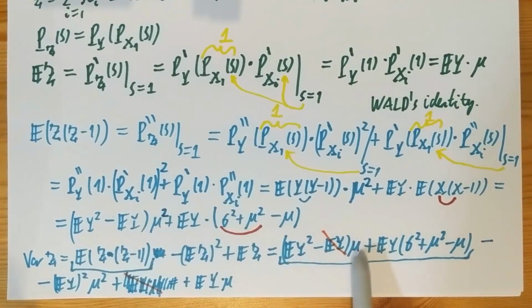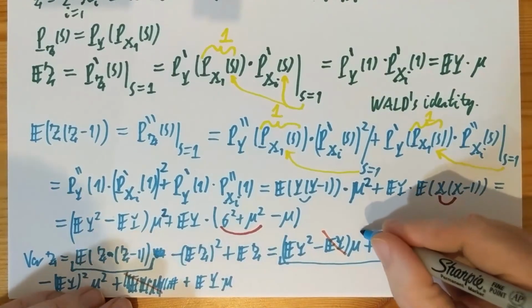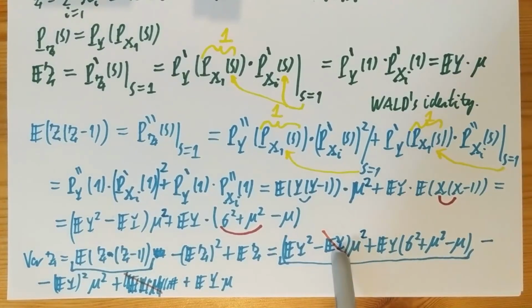And if I bring this over, that's a square here, which means I cannot cancel out this term with this one. I can instead cancel out this term, minus E of Y mu squared, with that one, plus E of Y mu squared. And I am not cancelling with E of Y mu. I have it back here. Okay, so now it should be fine.